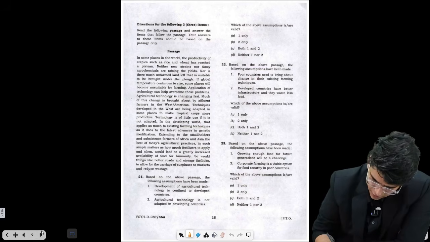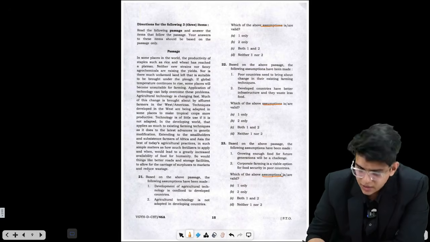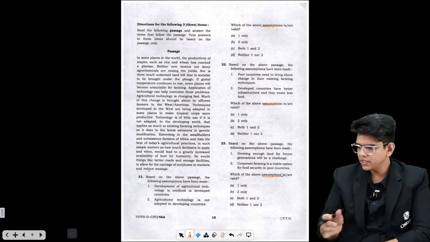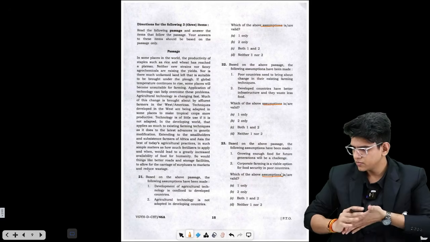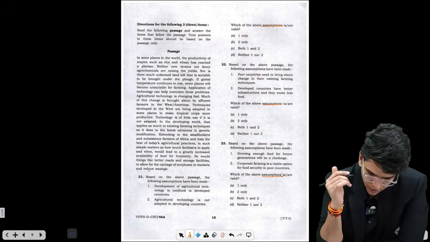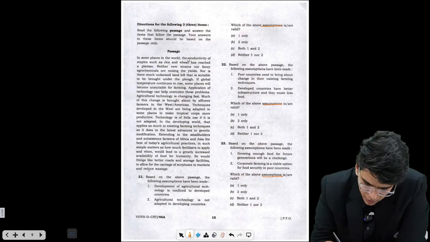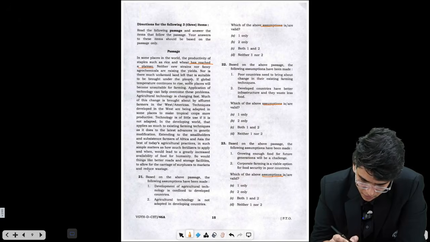Now here they have given you three questions, assumptions on the same passage. Let's look at the passage and then we'll try to answer the question. ठीक है, चलो करें एक बार, जल्दी जल्दी करते हैं थोड़ा. In some places in the world, the productivity of staples such as rice and wheat has reached a plateau. ठीक है, neither new strains nor fancy agrochemicals are raising the yields, nor is there much unfarmed land left that is suitable to be brought under the plough.